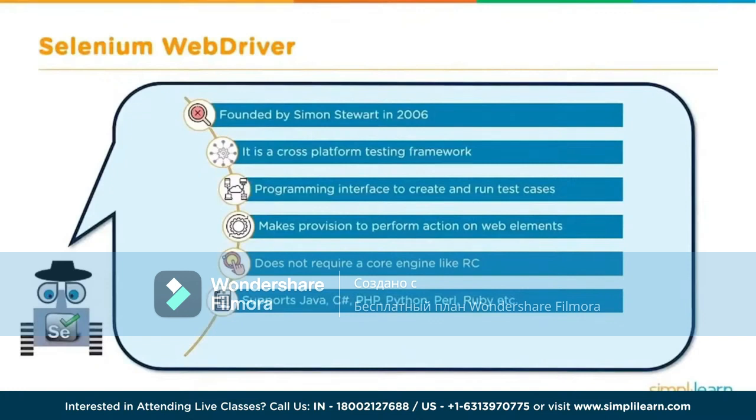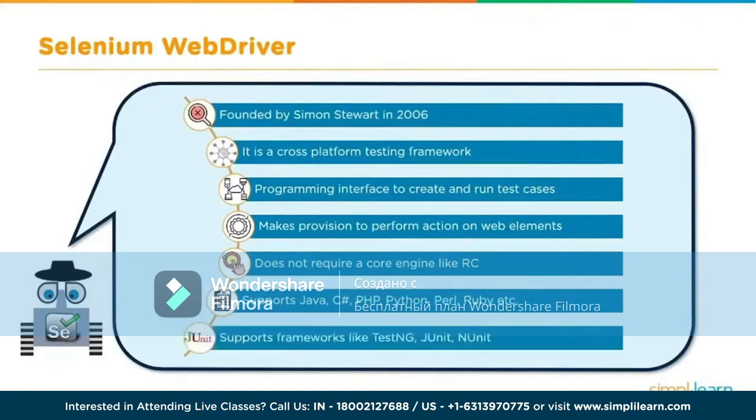Like RC, WebDriver also supports multiple programming languages in which you can write your test scripts. Another advantage of WebDriver is it supports various frameworks like TestNG, JUnit, NUnit, and ReportNG. When we talk about the limitations of WebDriver, you will appreciate how this support for various frameworks and tools helps in making Selenium a complete automation solution for web applications.